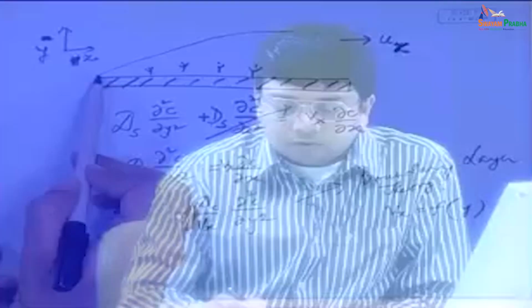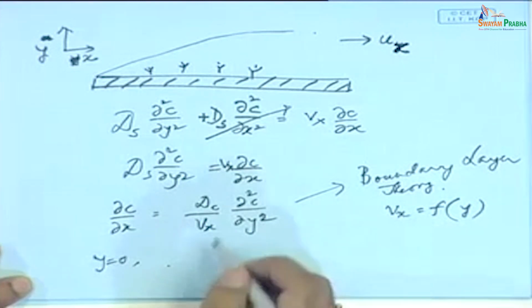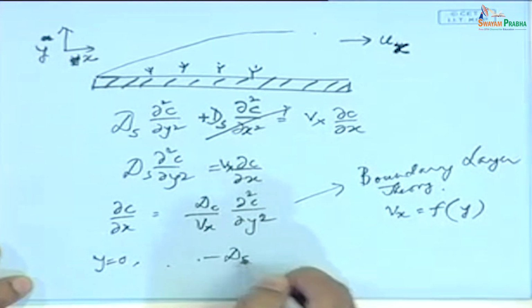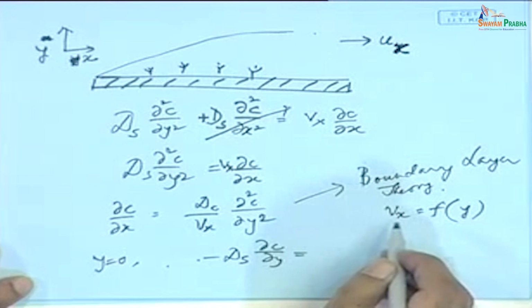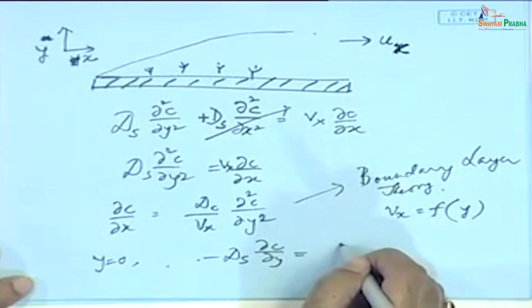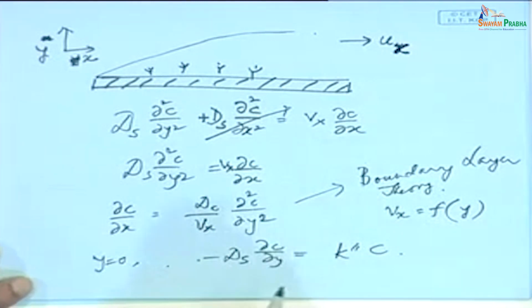Yeah, at this surface with y equals 0, you will have minus Ds del c del y equals some k double prime into c or something, and x equals 0.